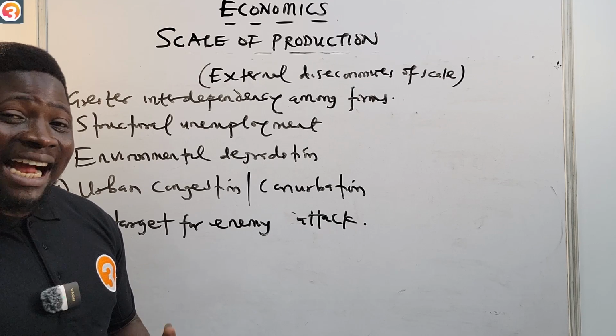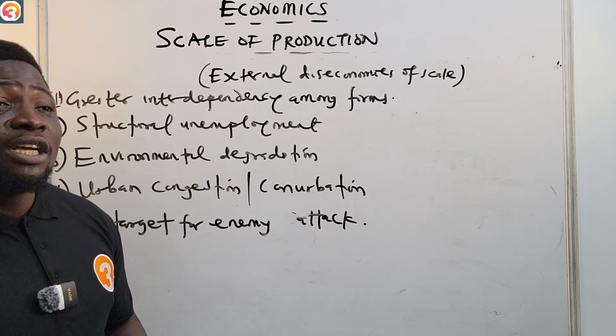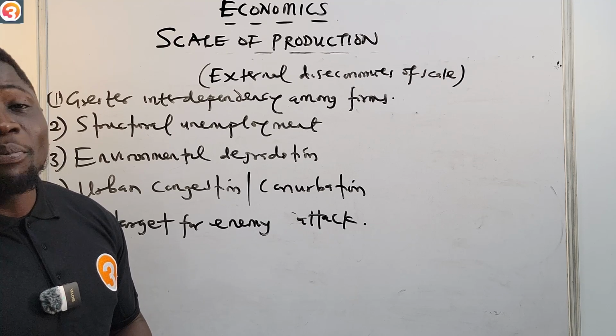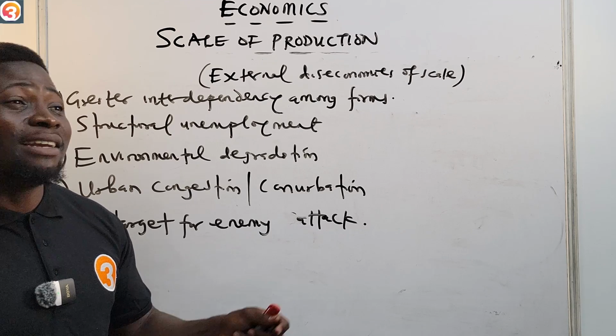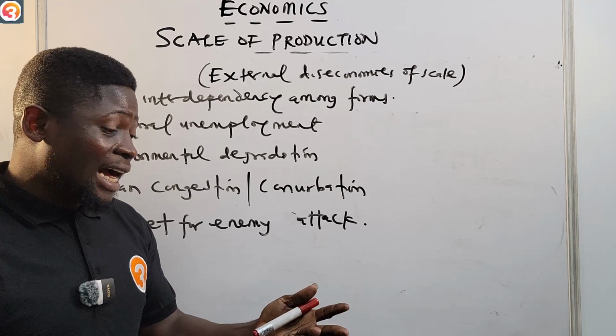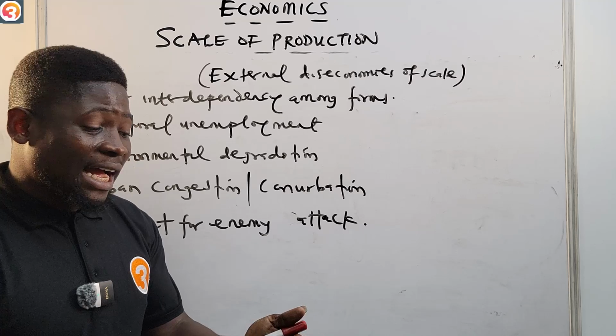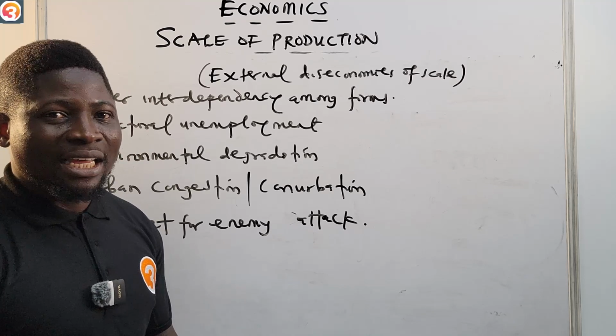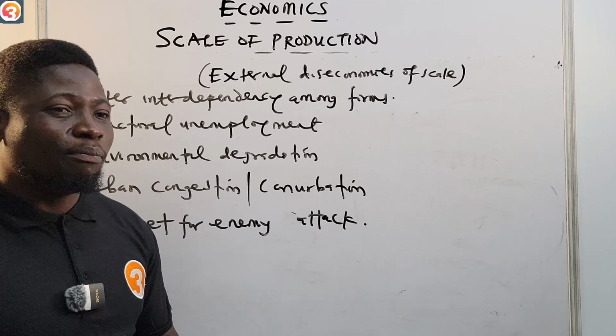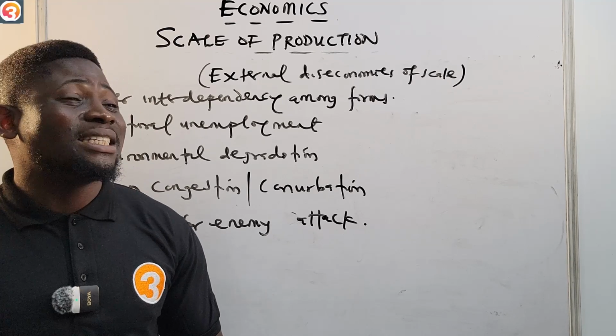In Lekki, you see a ShopRite. In fact, many of the ShopRites in Lagos had many eateries, fashion houses, electronic shops. All of them suffered. All of them were looted. People carted away their properties and so on.